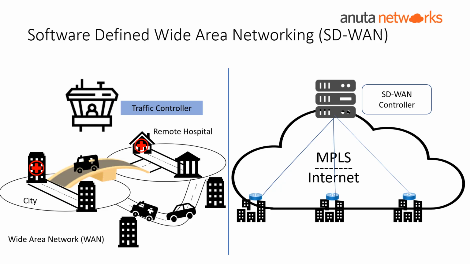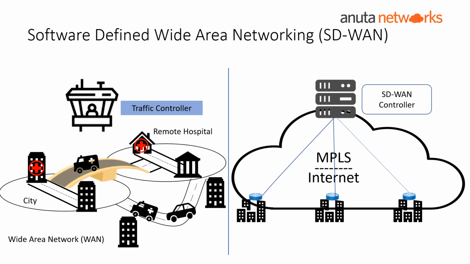There are two means of reaching the city. They could either take the flyover or take a road which comes passing through the heavy city traffic. The traffic controller can regulate the traffic between the flyover and the city road and decide which vehicles should take which road. This is exactly how SD-WAN works.